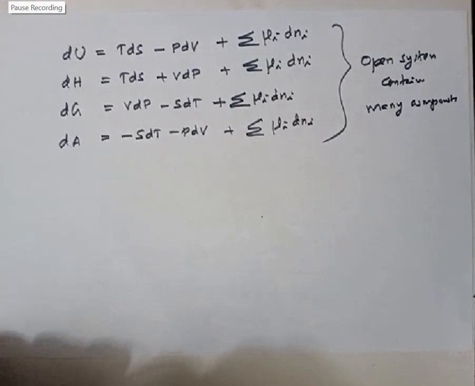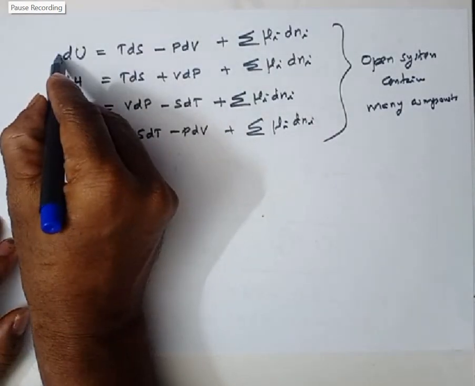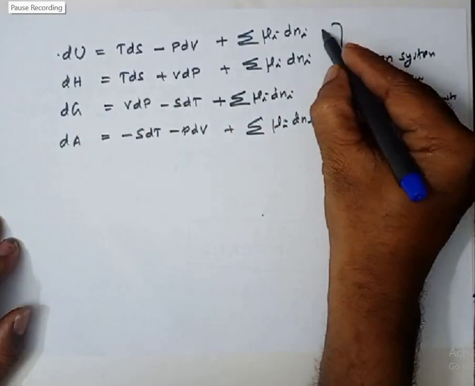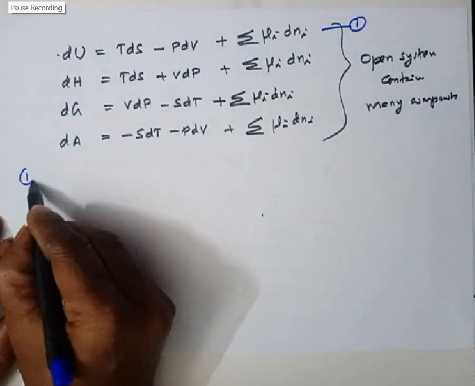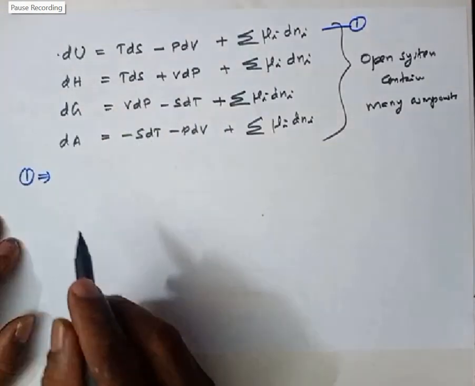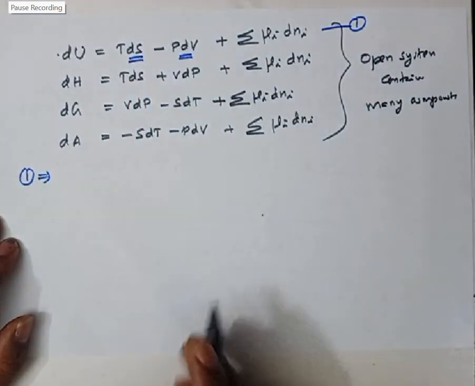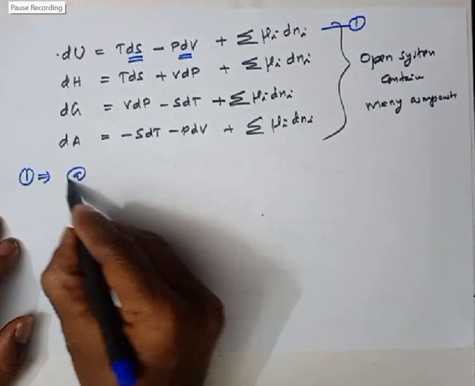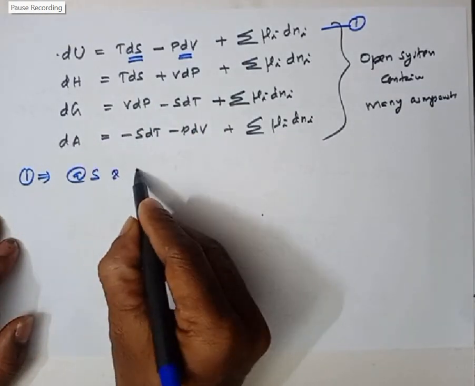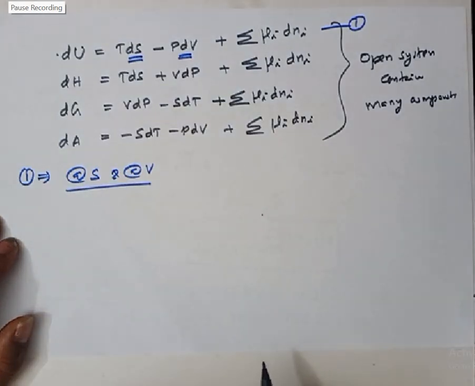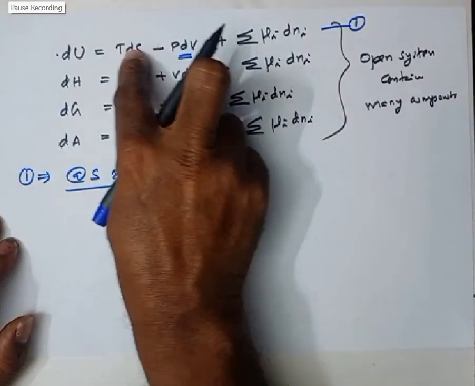How? See this. First I'll take this du equation. Let me take this as equation number 1. In equation 1, I'm going to keep entropy constant and volume constant. Observe carefully. If you keep entropy constant, this becomes 0.